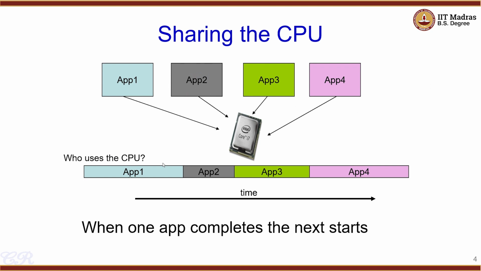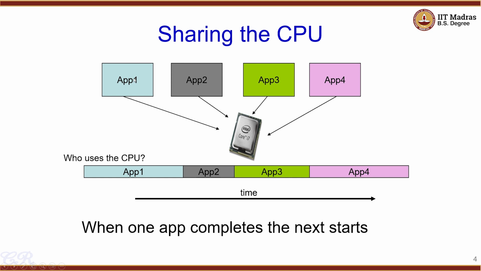Now we also took this one example of 4 applications, app 1 to app 4, executing on a single processor. Now the question here is about who, or which application, executes on the processor at a given instant of time.